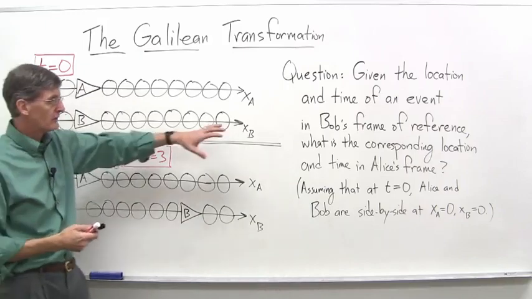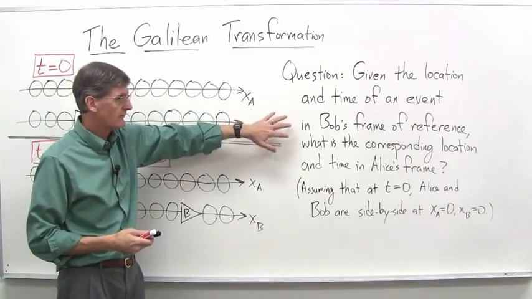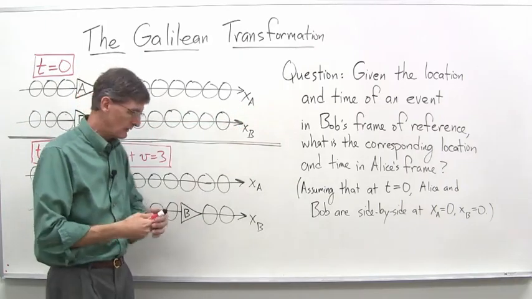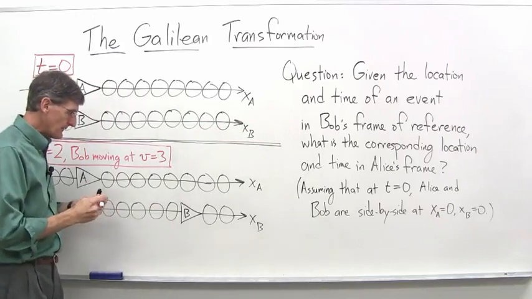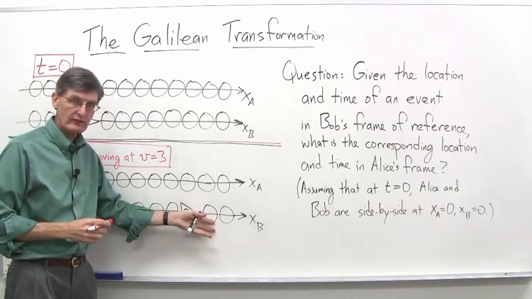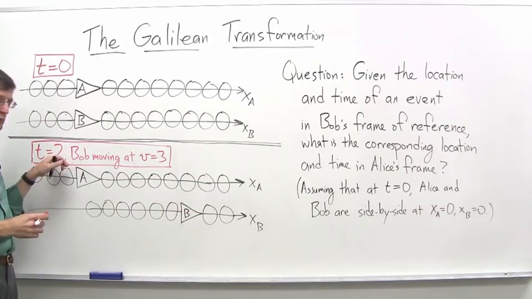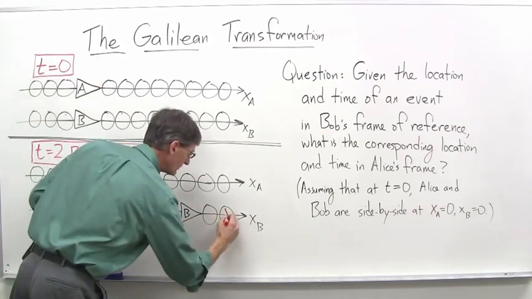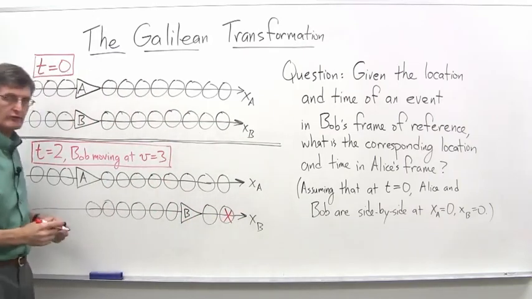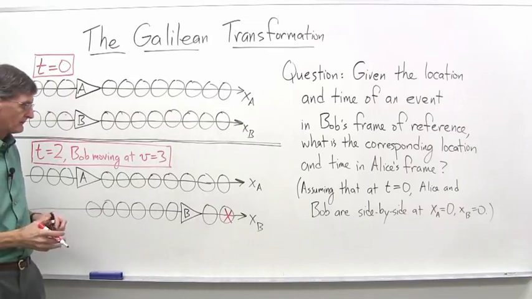Now, going back to the question, some location and time of an event in Bob's frame of reference. So let's get an event on here. Let's say at position 2, he sees a flash of light at time t equals 2. The flash of light occurs right next to his clock there, maybe right in front of him.